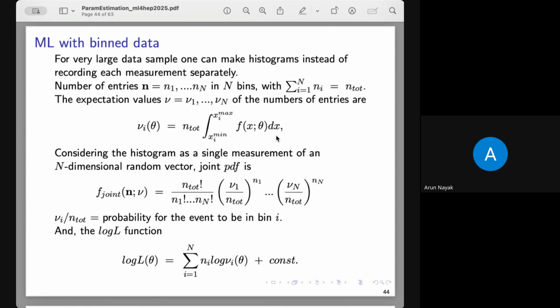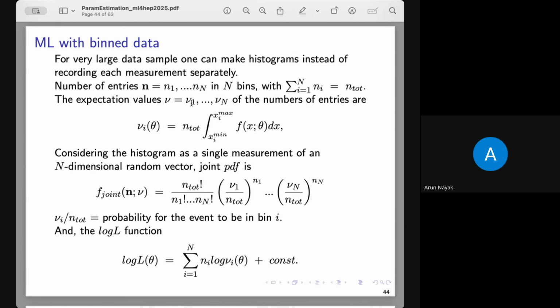So then we have a histogram of the number of events expected from, say, some PDF. Now, suppose the number of entries are n1 to nN in N bins, with the sum over ni being n total, and say the expected value of the number of events in each bin is nu i, from the expected distribution.